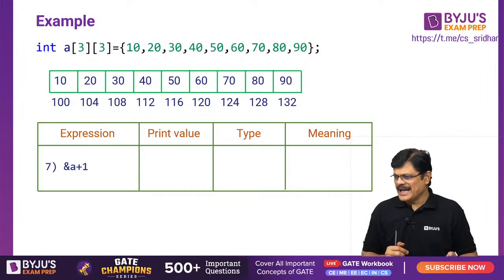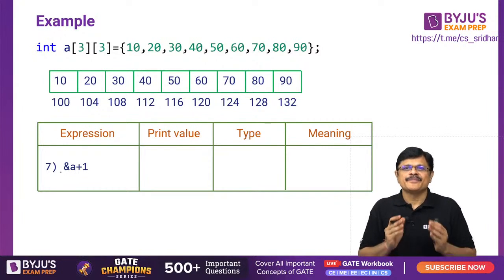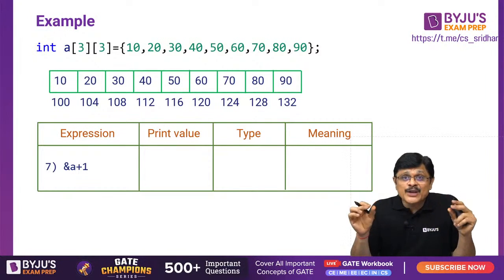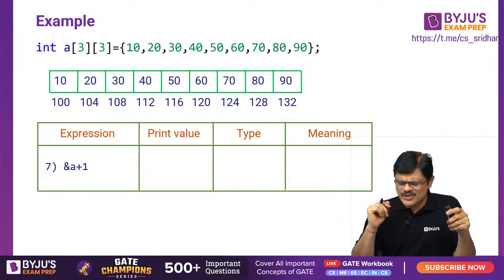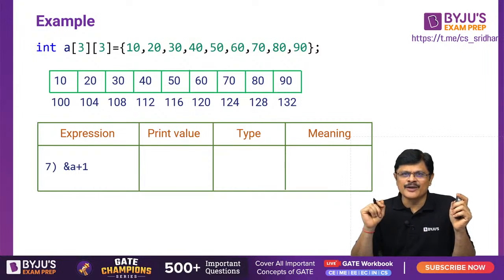Next one. Ampersand A plus 1. What about ampersand A plus 1? Ampersand A means address of the entire 2D array, plus 1. We already solved it, if you remember. What should be the answer for this? 136.